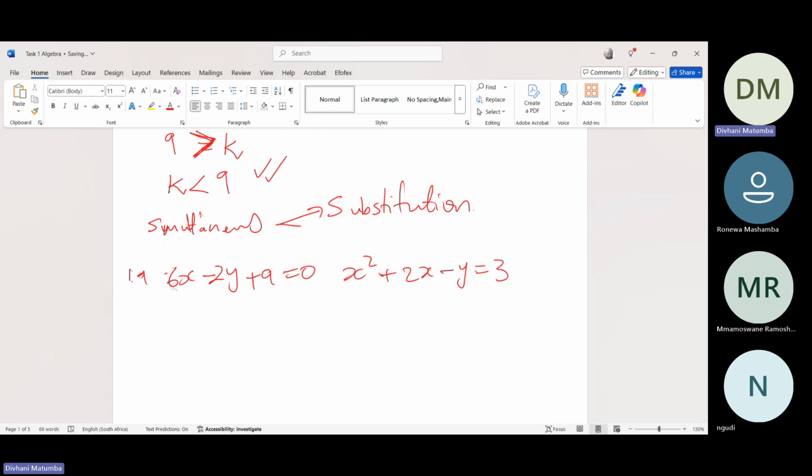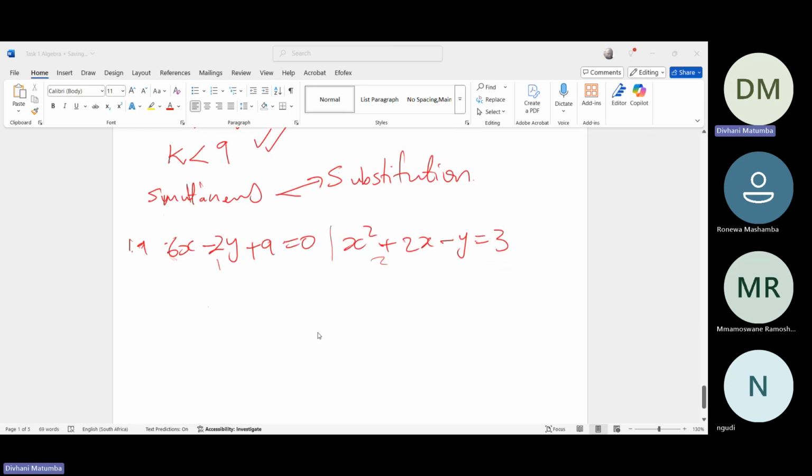Okay. Now, the way I solve simultaneous equation, I first attack a simple expression or a simple equation. Between the two equations, which one is more simpler?